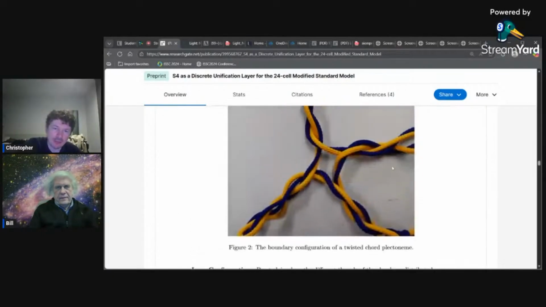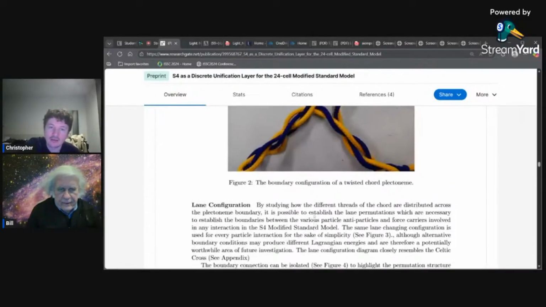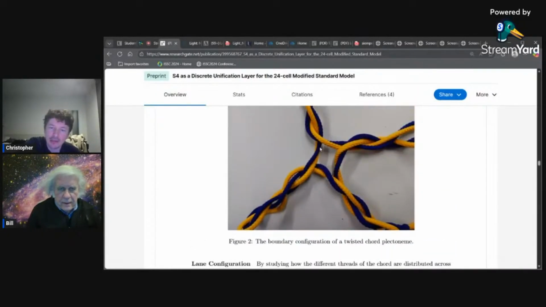Just going back to the point we're making here about the center. We can see in this diagram, it's basically the same thing. In the box here, if we have two particles like a positron and an electron annihilating, turning into a photon, then within the box this must be the photon.